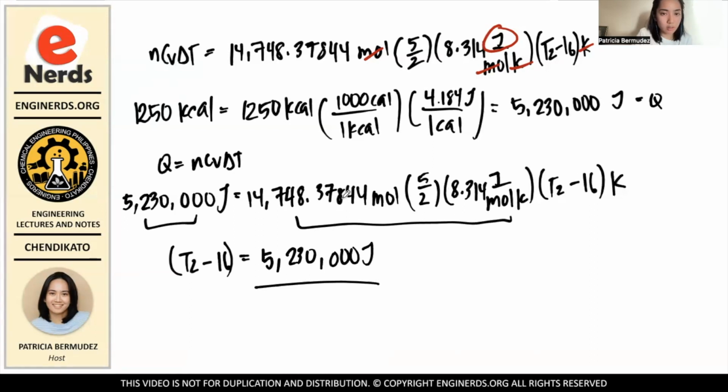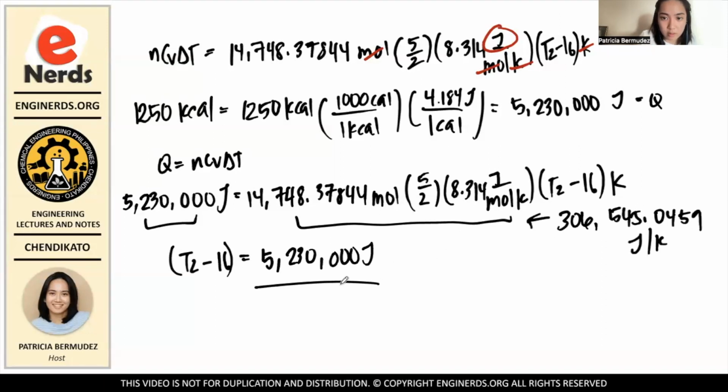Let's calculate this, okay? 14,748.37844 times 5/2 times 8.314. This value is equal to 306,545.0459, and the unit there is joules per Kelvin.